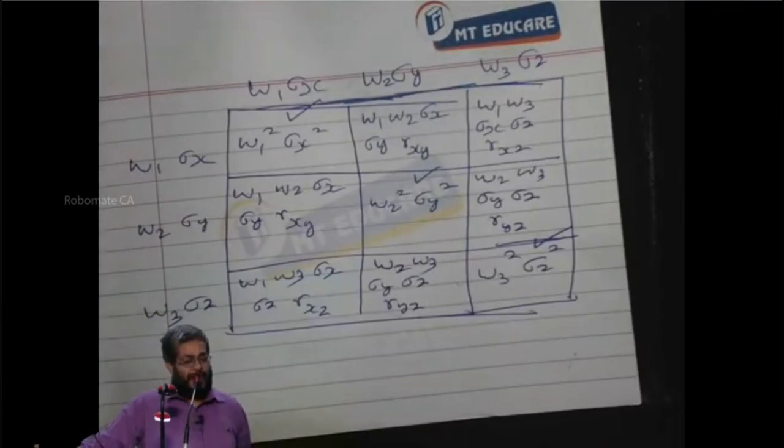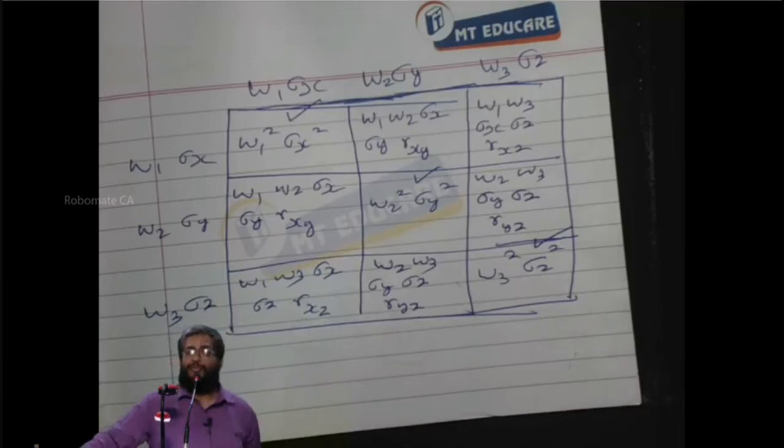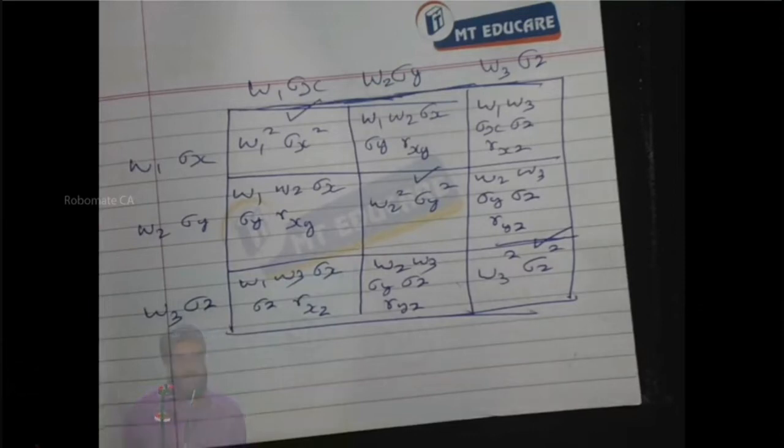From the above matrix, for a 3 security portfolio, we can see that there exist 9 terms.